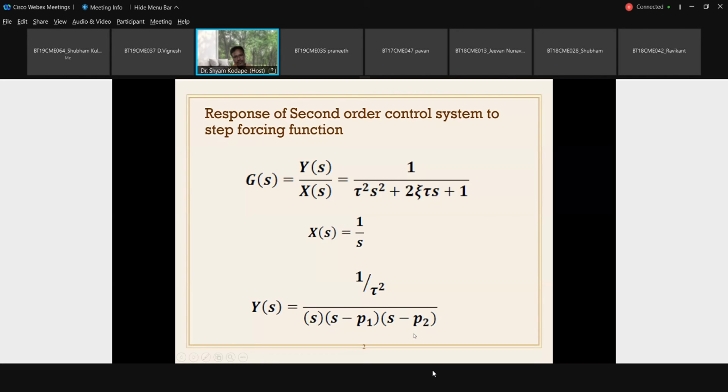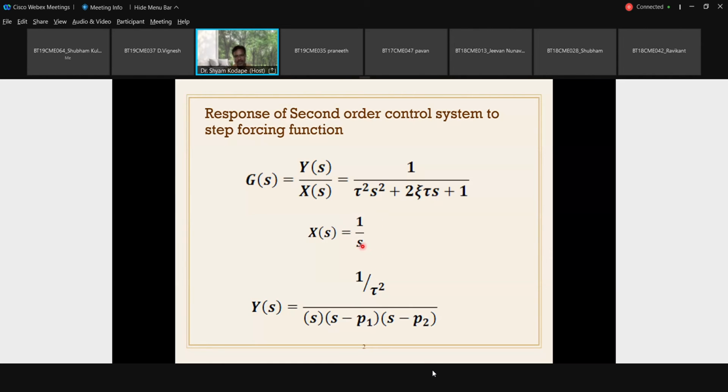Are you getting my point? Yes, sir. Okay, y is a function of p1 and p2 now. So p1 and p2 will decide what y(t) you will get, irrespective of any change.